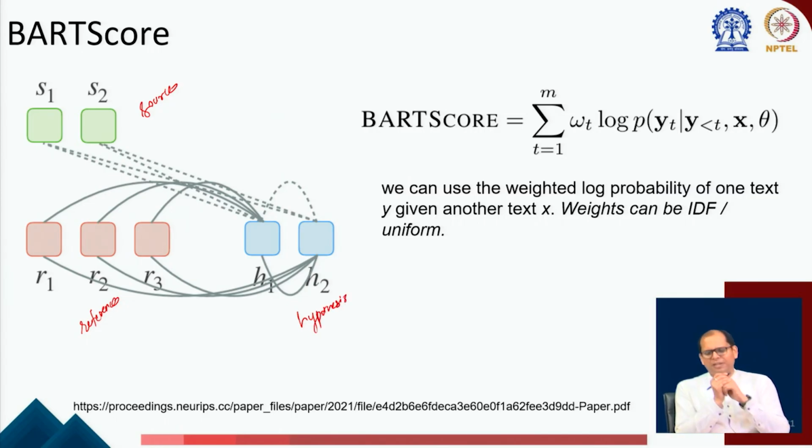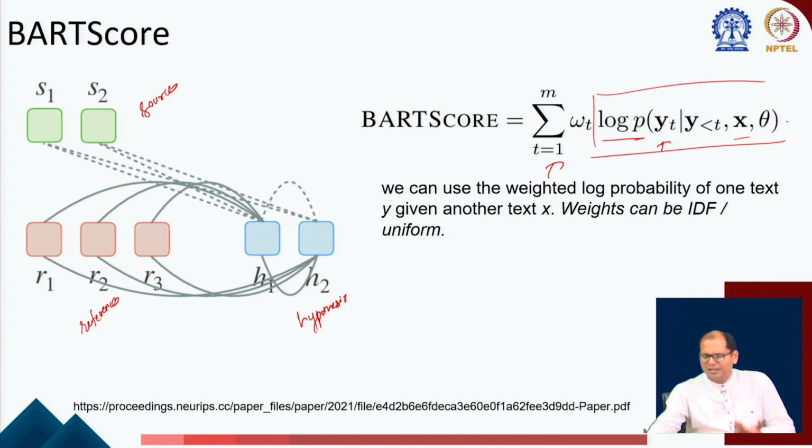So BARTScore is simply defined as the sum over the log probability of a word given the previous words, right, and the context. This is how you define normally the log likelihood of the data, right? So this is for the generation, and you can even weight the individual words, so they can be like IDF weights, inverse document frequency, or it can be uniform weighting, right?